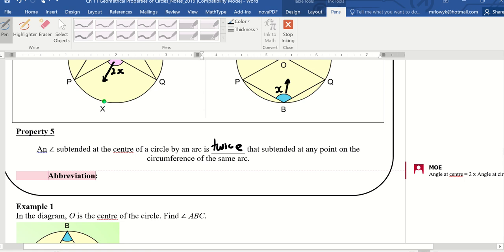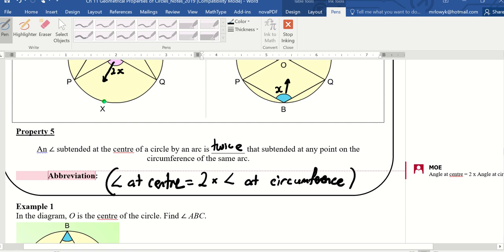Very long, so let's write it very short and simple. Angle at center equals 2 times angle at circumference. Already the shortest I can think of that Cambridge still understands.